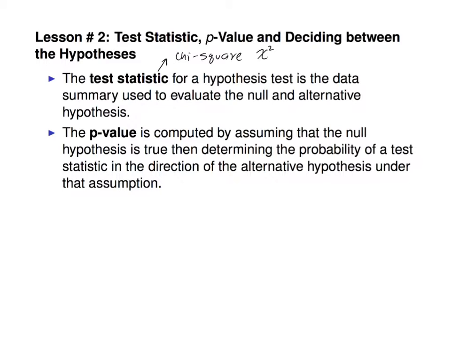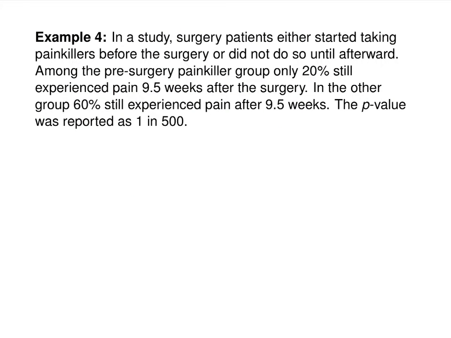So the p-value is computed by assuming that the null hypothesis is true, and then figuring out the probability of a test statistic in the direction of the alternative hypothesis under that assumption. Like, if this is true, how likely is it this would have happened? For example, we have a study where surgery patients either started taking painkillers before the surgery or didn't until they woke up afterward.